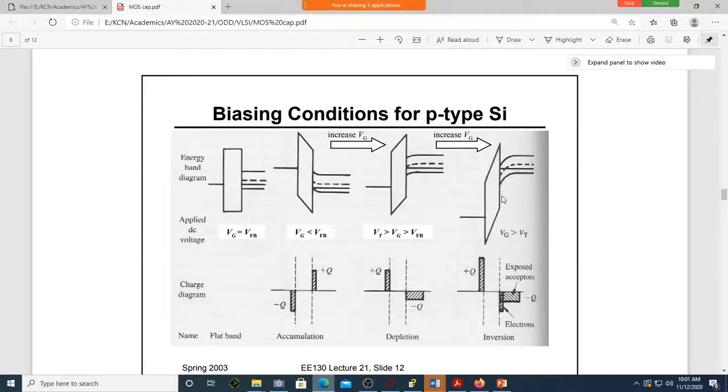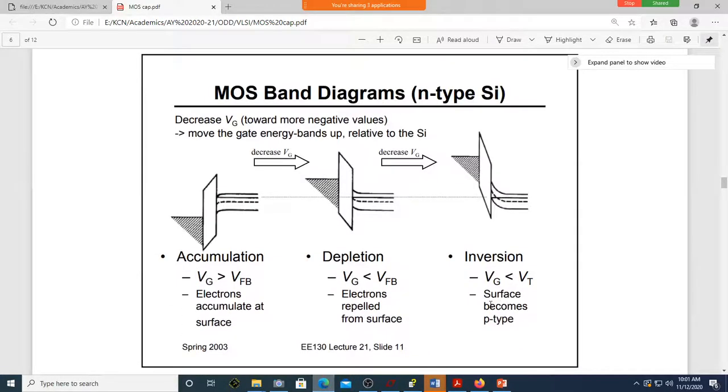Will it make sense? What is this? Okay, you can see here, surface becomes p type, electrons are repelled from the surface. When you apply positive voltage, you're going to have negative charge here in the form of electrons. You have n type majority charge carriers here at the surface, that's why you call it accumulation.